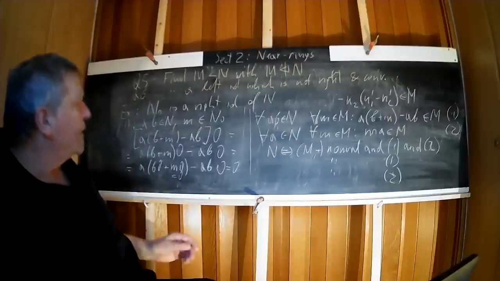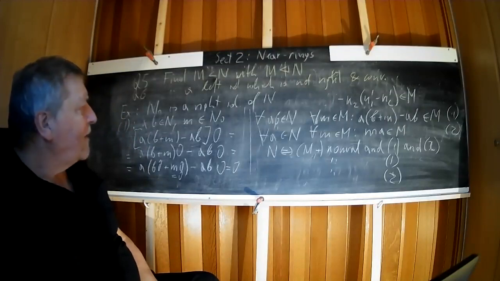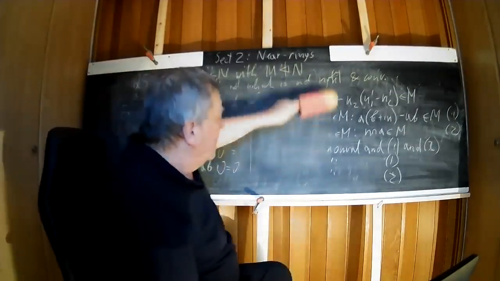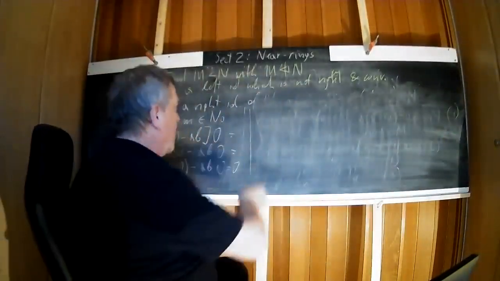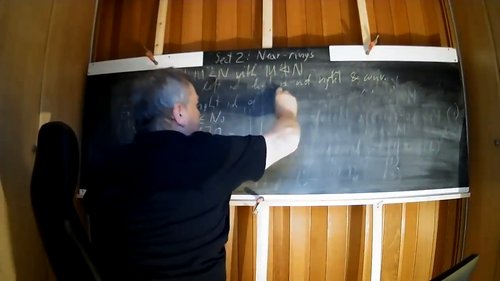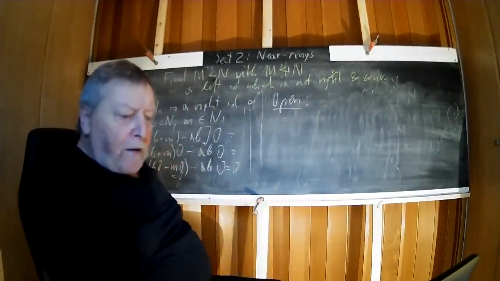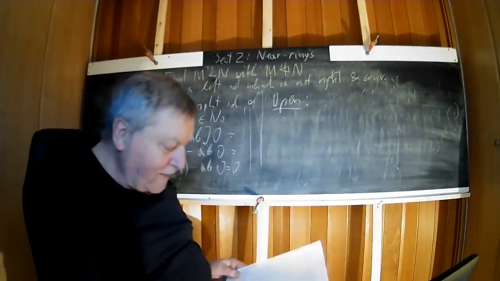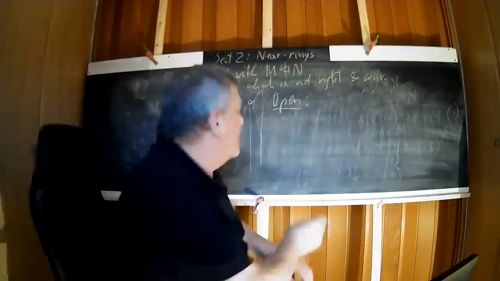Maybe I might mention an open problem here in this area, which is still unsettled, and that's the following thing. So the following problem is open. Does there exist a near-ring N with identity whose additive group is simple?